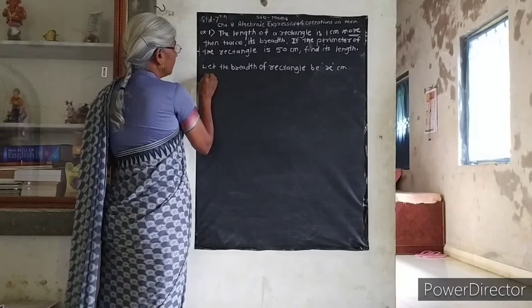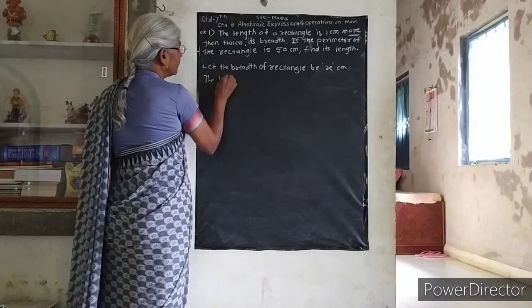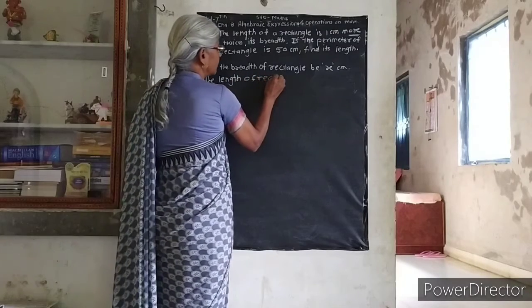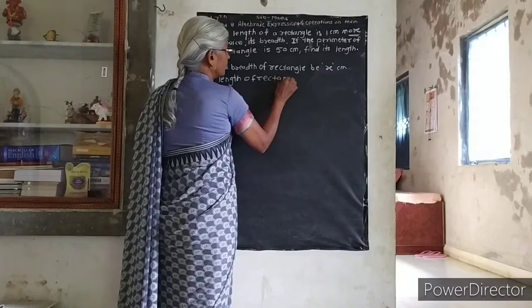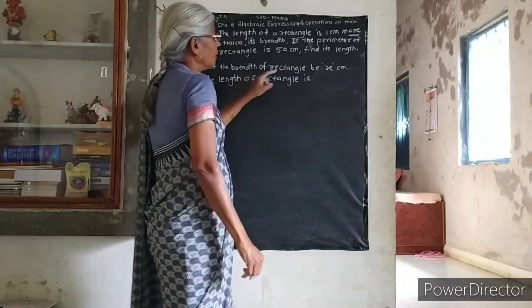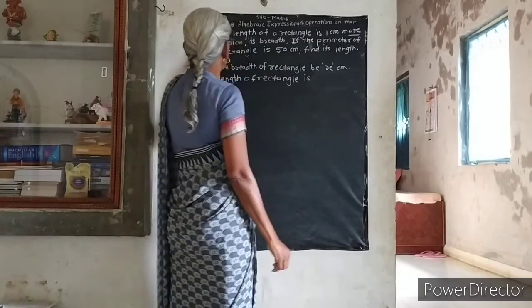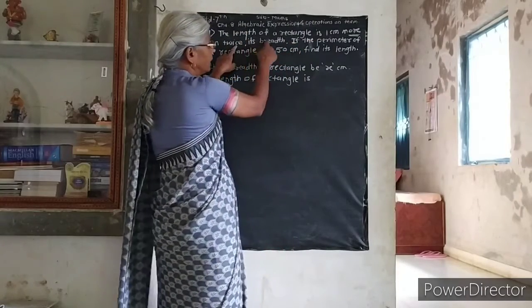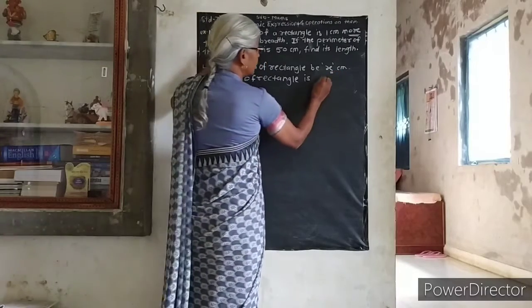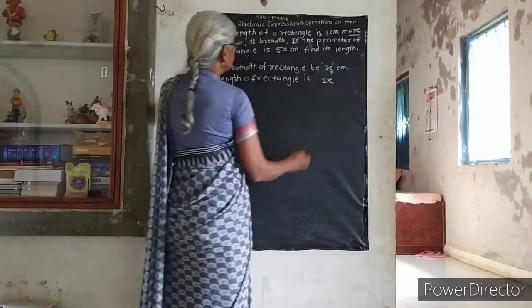The length of the rectangle is, firstly, twice its breadth. Breadth is shown by x. Twice x means 2x.